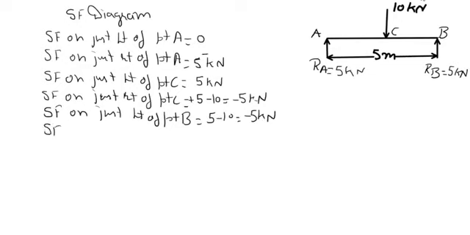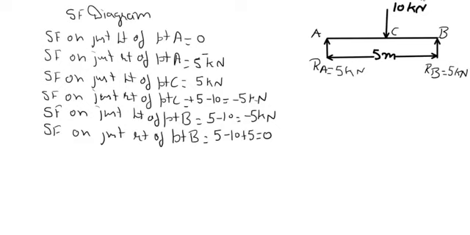Now shear force on just right of point B. So place your hand just right and do the summation of all leftward forces. So first one is 5 kilonewton upward, 10 is downward, then 5 is upward, so net effect becomes 0.